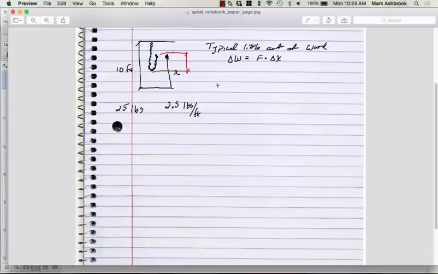So how much chain right now, how many feet of chain are we holding up or lifting up a little bit? What length of chain? 10 minus x.